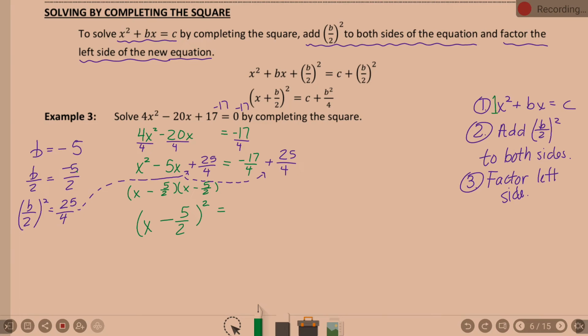On the right, while we're here, go ahead and clean up. What is negative 17/4 plus 25/4? Probably be 8/4. Okay. My brain was thinking you guys were saying 2/4. Okay. Yeah.